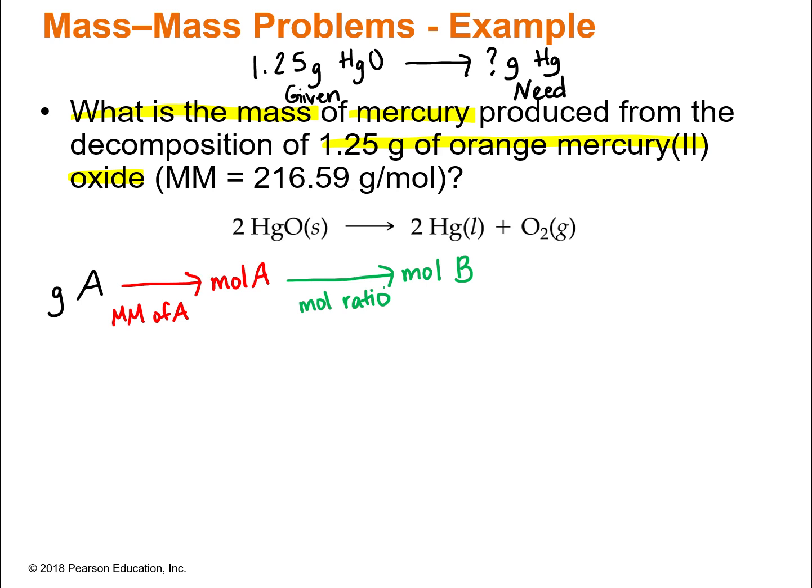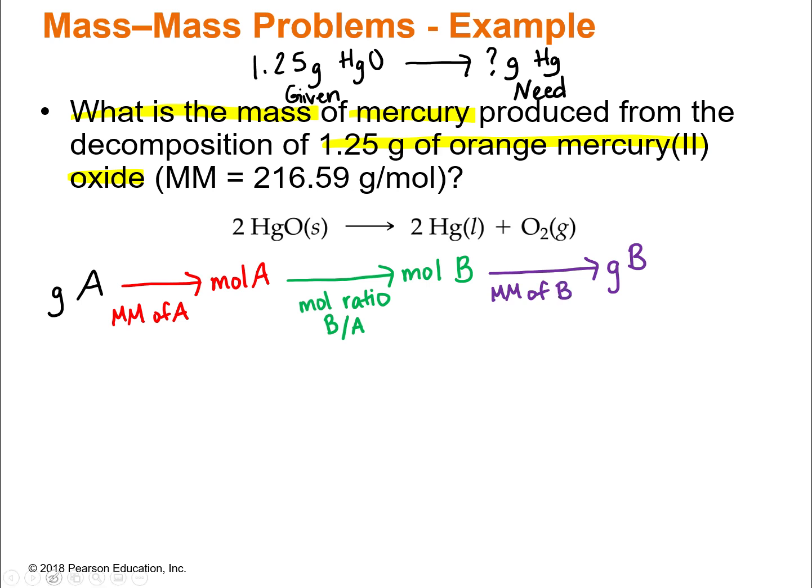And it's always going to be in the form of B over A. And that will make more sense once I assign A and B to our problem. Since we have to figure out the mass, that means we have to get to grams of B. And that's going to be with the molar mass of B.